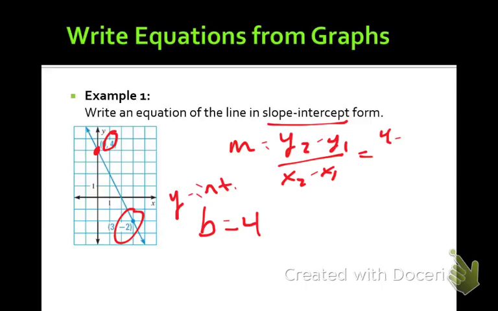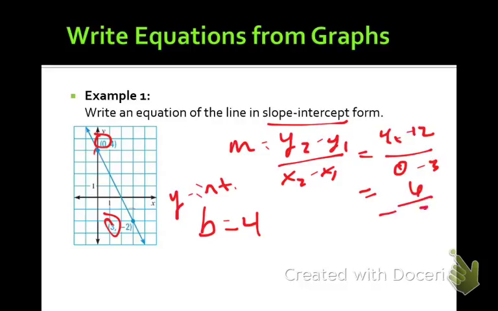So I can go 4 minus negative 2. And the x's are 0 and 3. So if I go 4 minus a negative 2, then I have to go 0 minus 3. Got to go the same way. So 4 minus a negative is plus, so 4 plus 2 is 6. 0 minus 3 is negative 3. So I'm going to leave this in fraction form as negative 2 over 1.